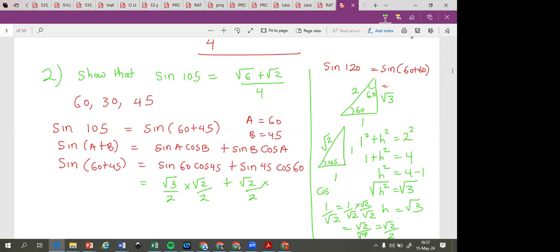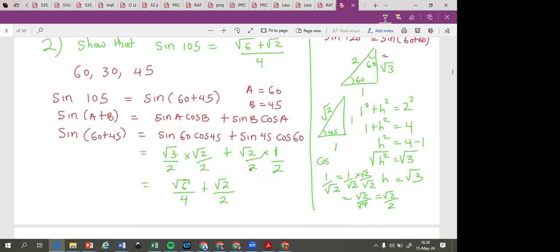What is cos of 60? A half. Okay. So here we shall have root of 3 times root of 2, we get root of 6 out of 4, plus root of 2 times 1 is what? Two. Out of 4.